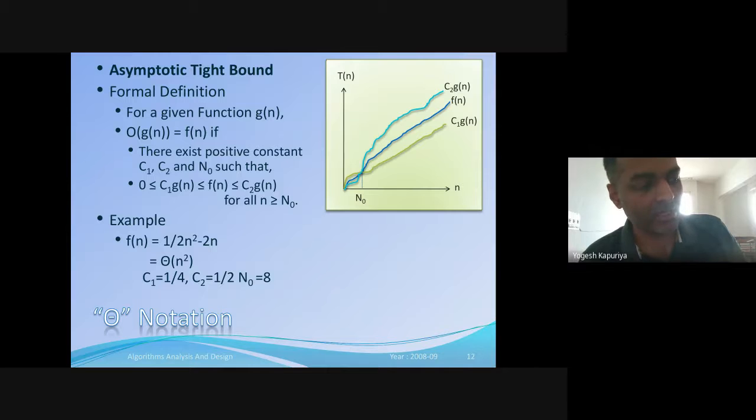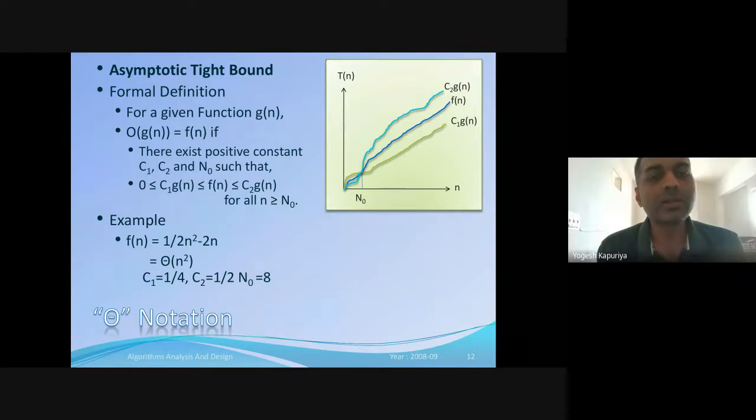The third notation in the sequence is theta. So this is called the theta notation. Now, theta is basically a combination of both big O and big omega notation.